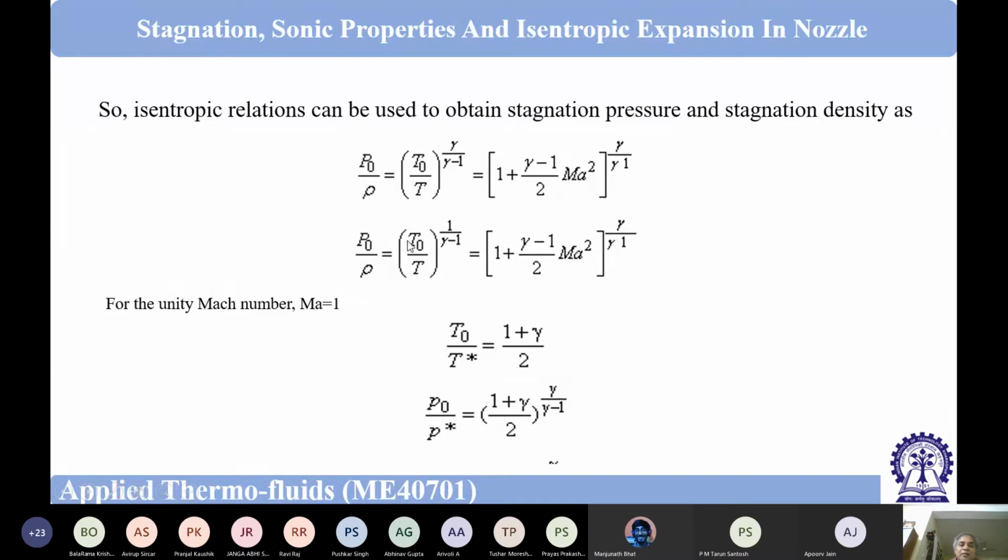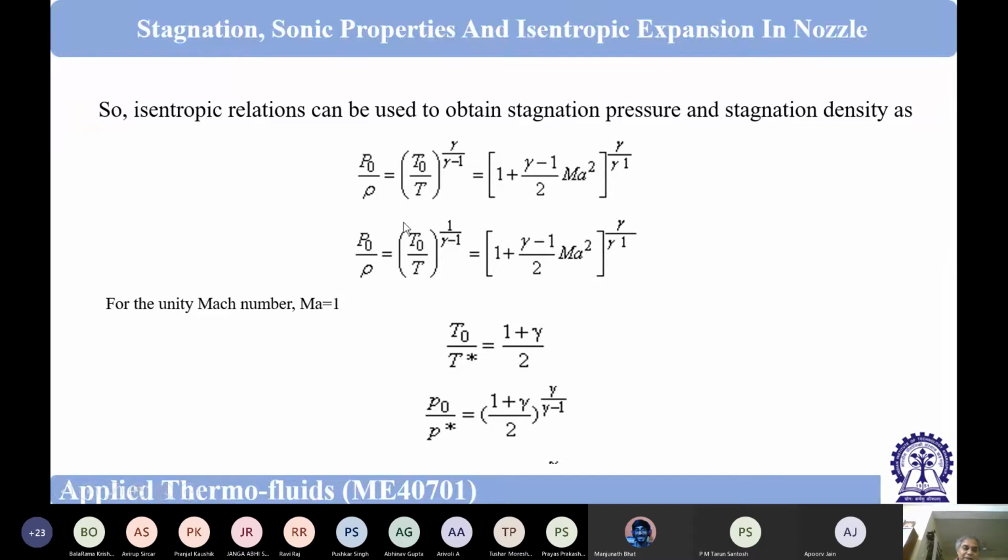Please make this note. So from there, as we have got a relationship between T0 and T, here also we get a relationship P0 by P. Similarly, we can get a relationship rho 0 by rho. So these relationships we can get.